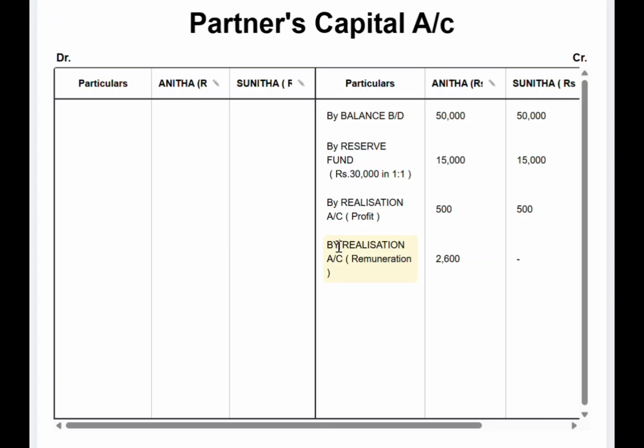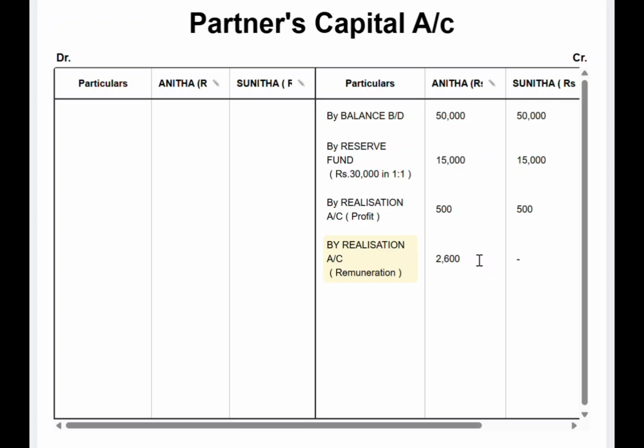Now once these entries are done, we have to take the assets that are being taken over by the partners. Now Anita and Sunita have taken over some assets from the firm. Anita had taken over 50% of the investments and Sunita has taken over the furniture.